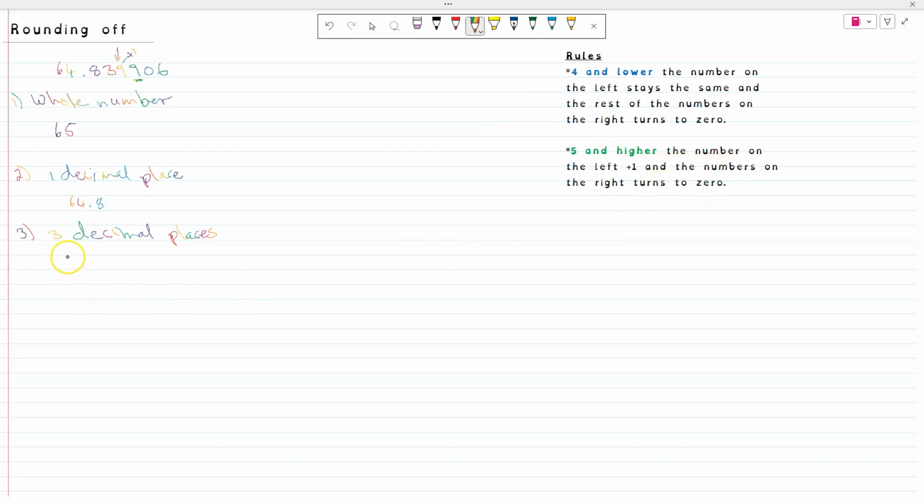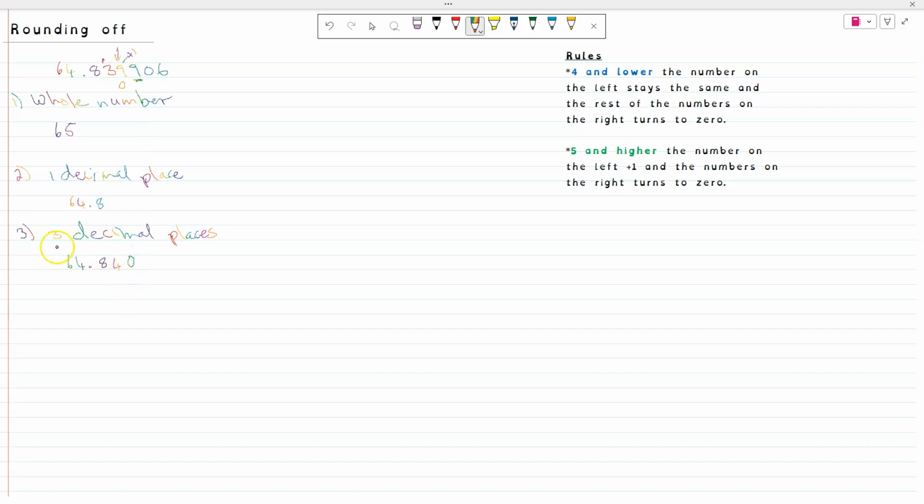So let's write that number, 64 point. Now, because this is a 9, if we add 1 here, it turns into a 10, right? Which means this one turns into a 0, and then we carry the 1 over to the 3. So then we have 8, 3 plus 1 is 4, and that will be a 0.